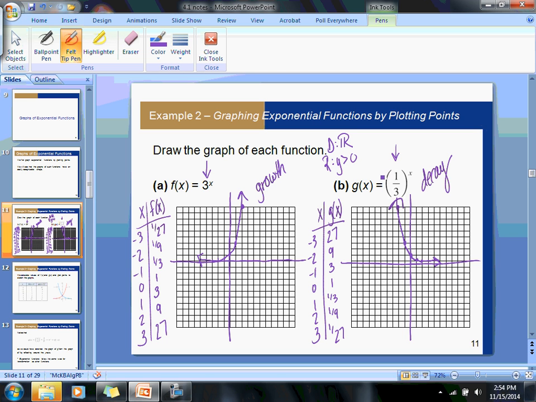You can put a negative out front of the whole function and flip-flop them, or reflect them, around the x-axis. But most of the time our range is going to be everything greater than 0. And again, remember that that horizontal asymptote is always going to be y equals 0. So those are just a few characteristics that are always going to apply to all of our exponential graphs.